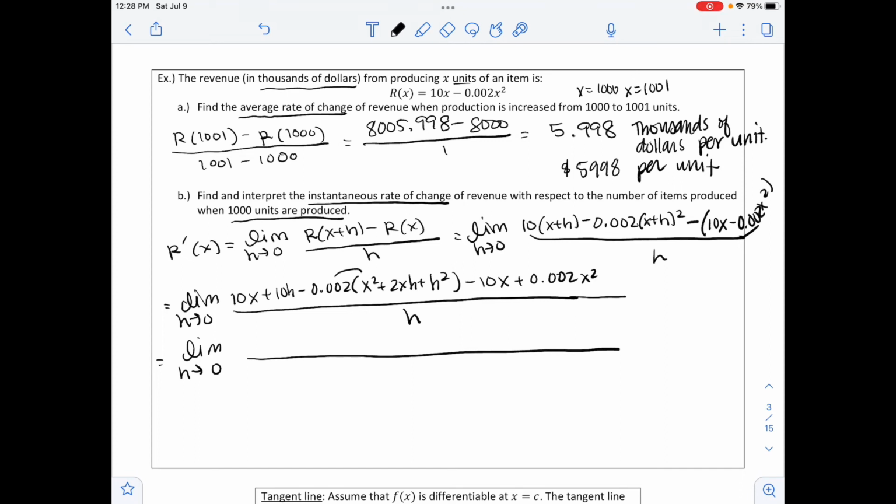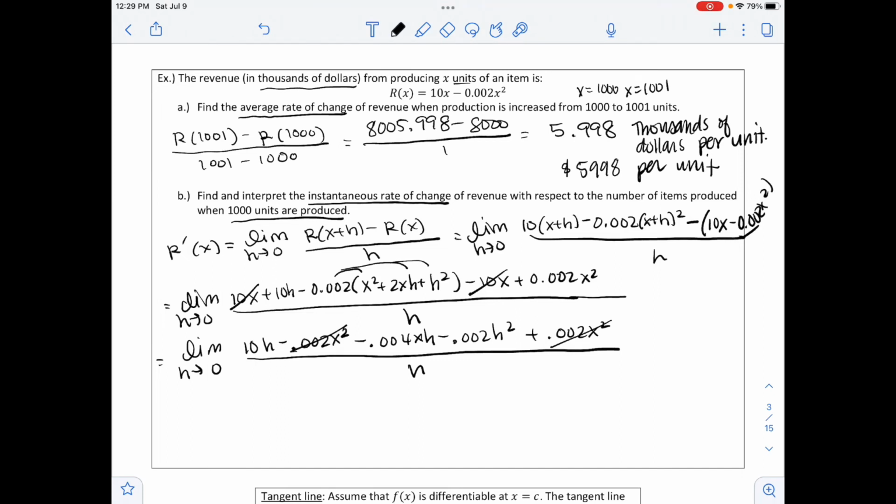And so we need to distribute. So we have our 10x's would reduce. And so we have 10h minus 0.002x squared minus 0.004xh minus 0.002h squared plus 0.002x squared all over h. And again, we can reduce out these x squared terms.